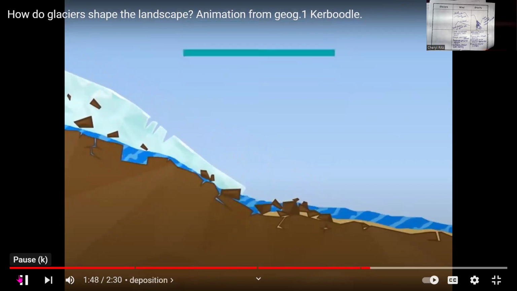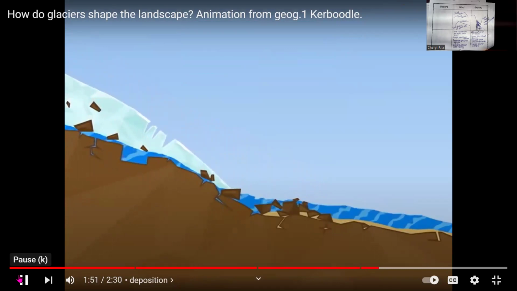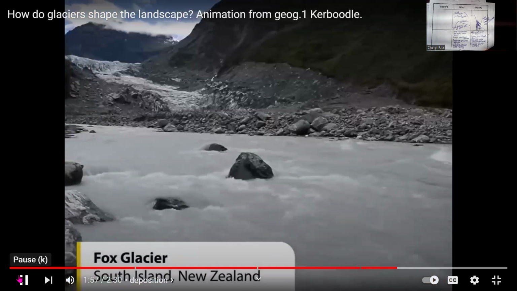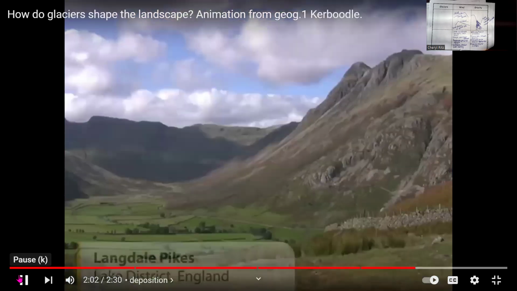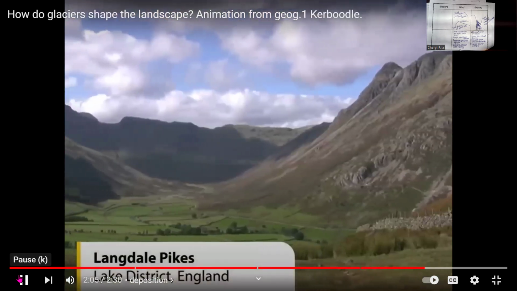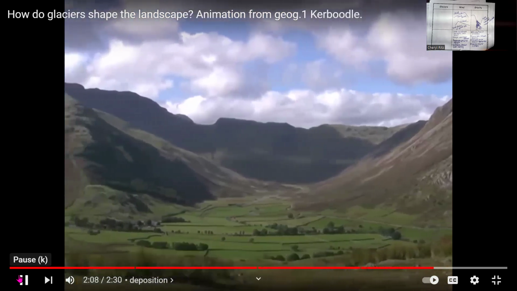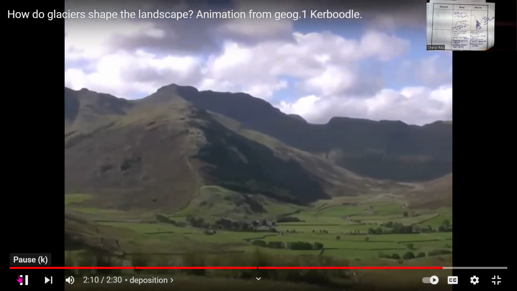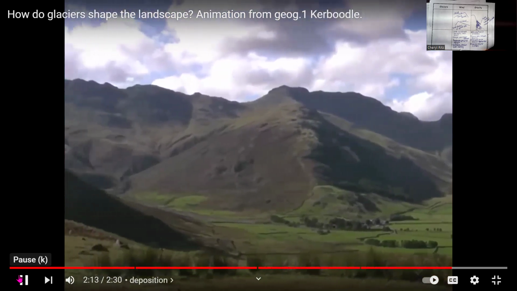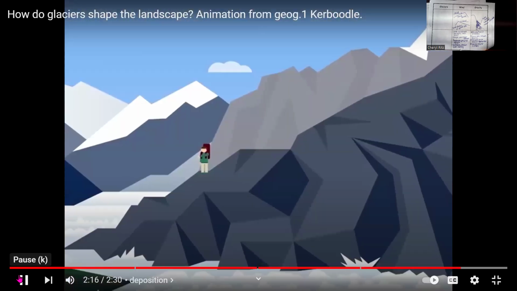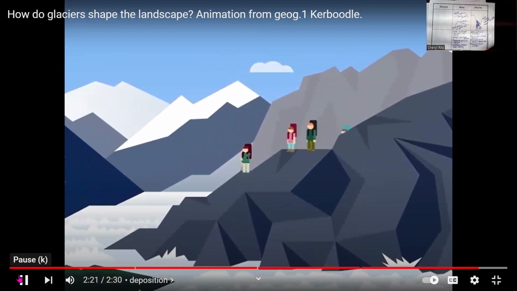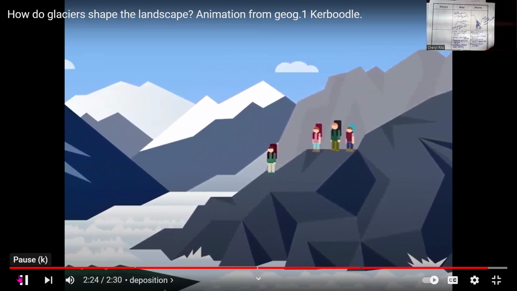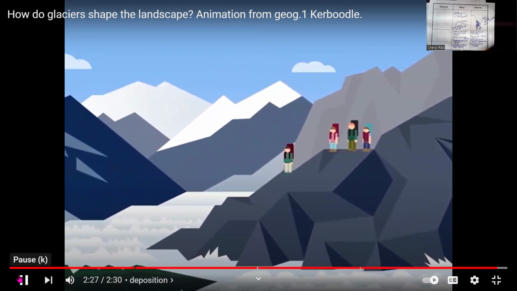By now, this material is a tasty mixture of rocks, stones, sand and clay, known as glacial till. The melted ice turns into meltwater and flows downhill to join a river or lake. Today, glaciers only exist in the coldest parts of our planet. But during the last ice age, glaciers existed in the UK too. Although the ice has melted, they have left behind some awesome scenery. As our planet warms up, many of our amazing glaciers are melting fast. So grab your walking boots and head to your nearest glacier while there's still time to see nature's bulldozer in action.